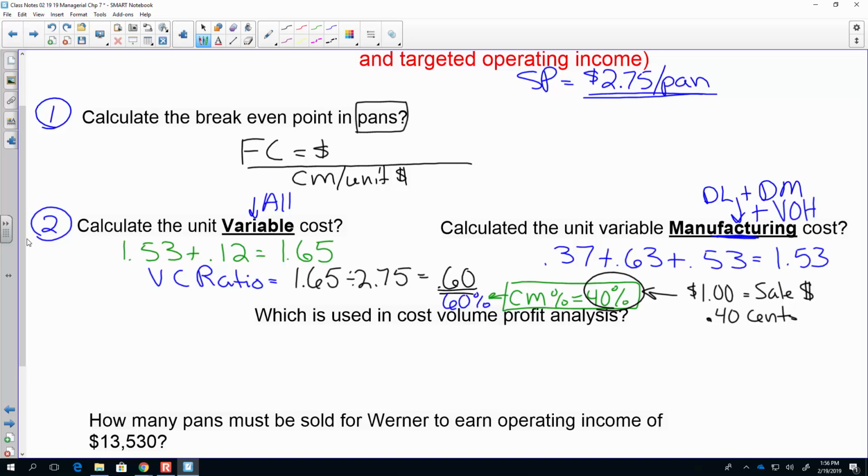We had two fixed costs, manufacturing and admin. Manufacturing was 111,425 plus 48,350.